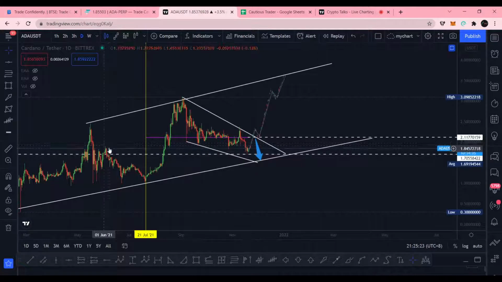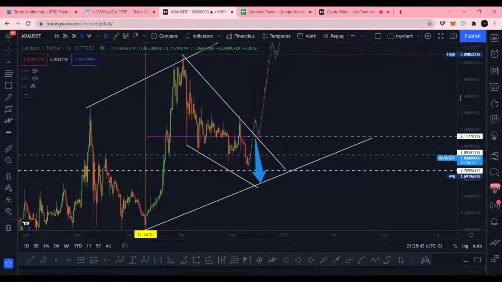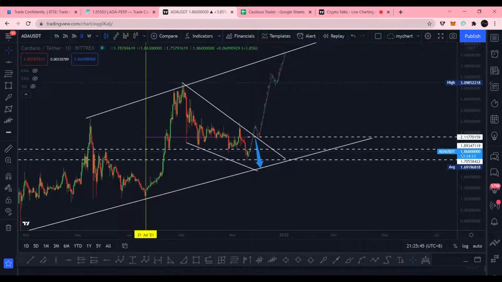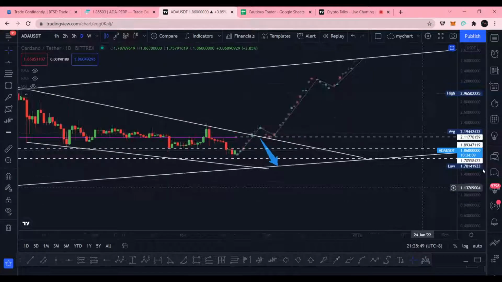But I might possibly use this one, or at least this one, which is just above the current price. Possibly the 1.90, which is also the doji.